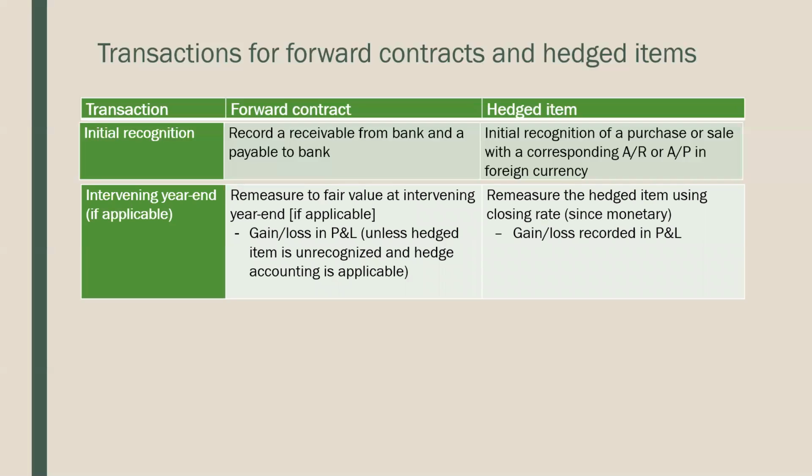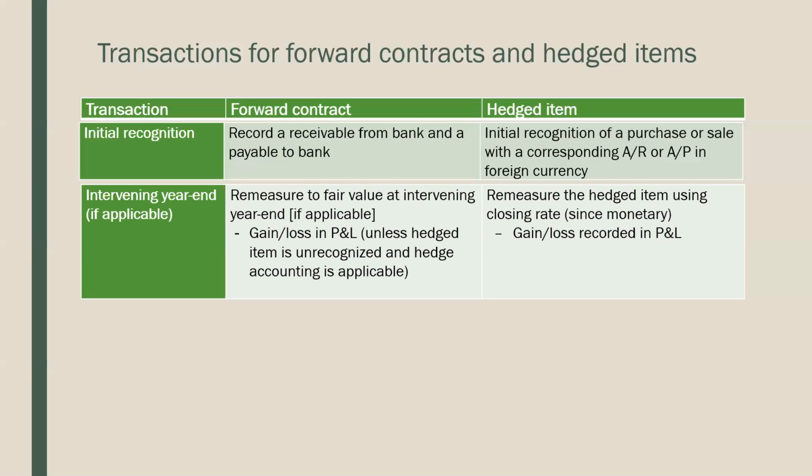If you have an intervening year end before the forward contract or the completion of the realization of the amount occurs, then the forward contract has to be remeasured to fair value, and any gains or losses have to be booked into profit or loss unless the hedged item is unrecognized, i.e., not yet recorded in the books, and hedge accounting is applied.